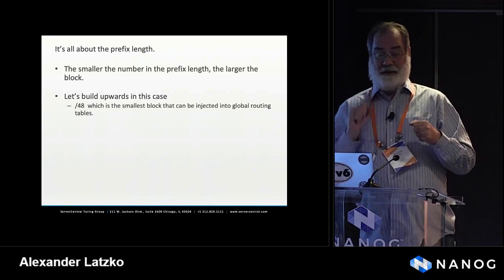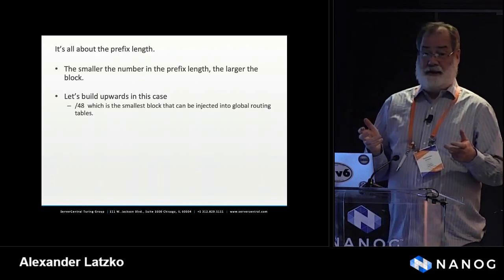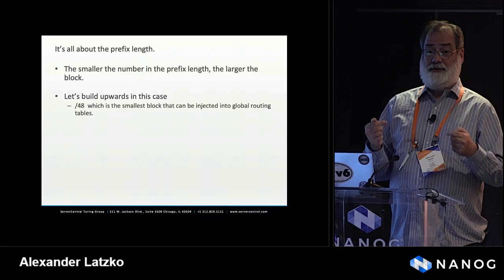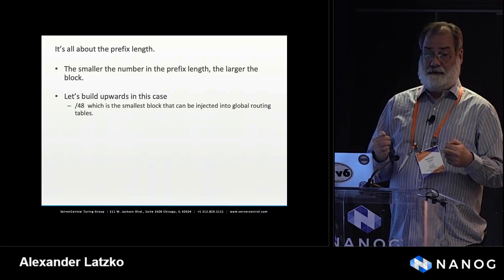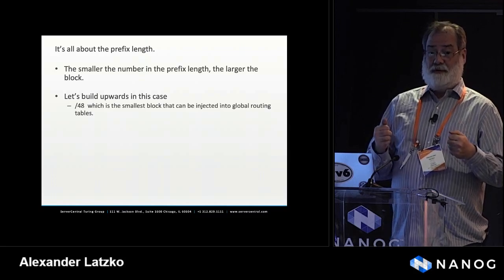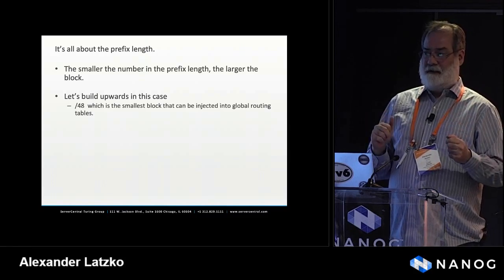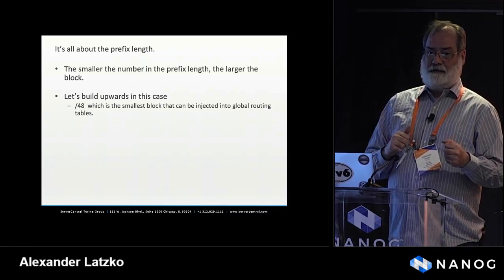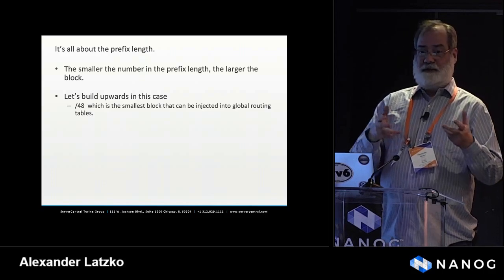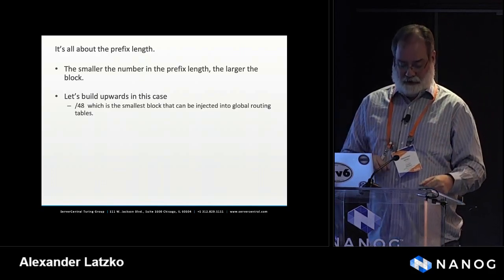Anybody? /24, right. /48 is the smallest block you can inject into the public IPv6 tables. And for people who are doing routed anycast, /40 is what you have to do for your routed anycast. So if you look at the public v6 servers, they're /48s.